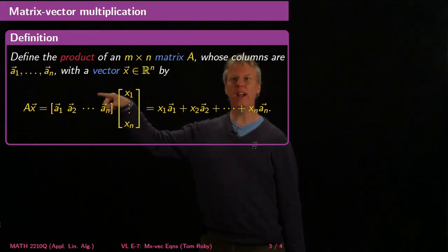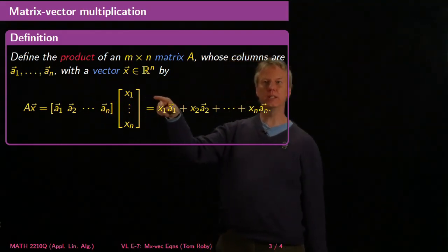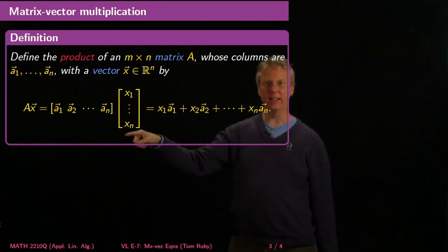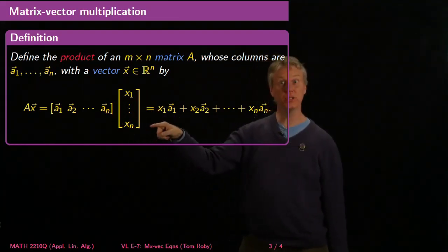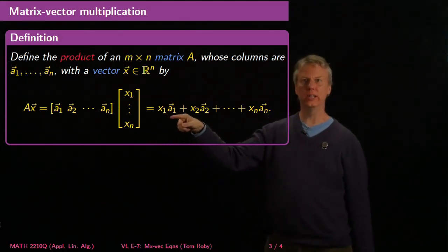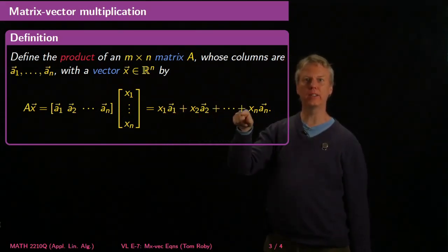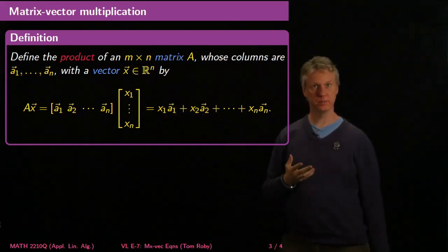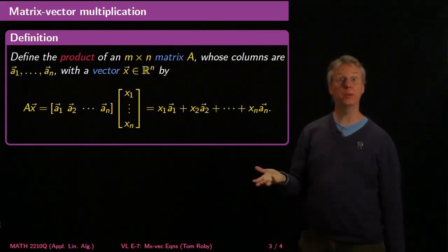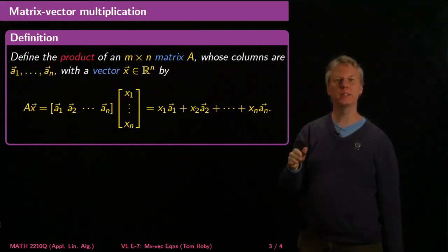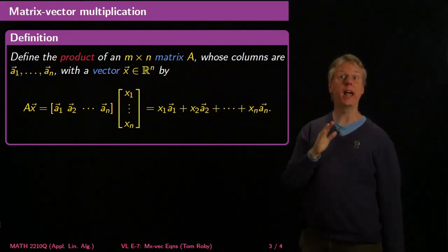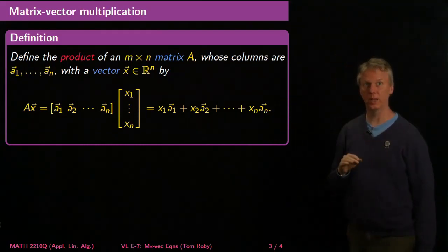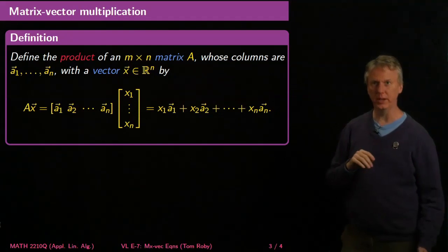So we've got n vectors of length m, and if I multiply that by a vector x of length n, and these n's have to match, then I get just the linear combination of these vectors whose coefficients are the entries of the vector x. So matrix multiplication, multiplying a matrix times x, is exactly taking a linear combination of the columns of the matrix. Very important point here.